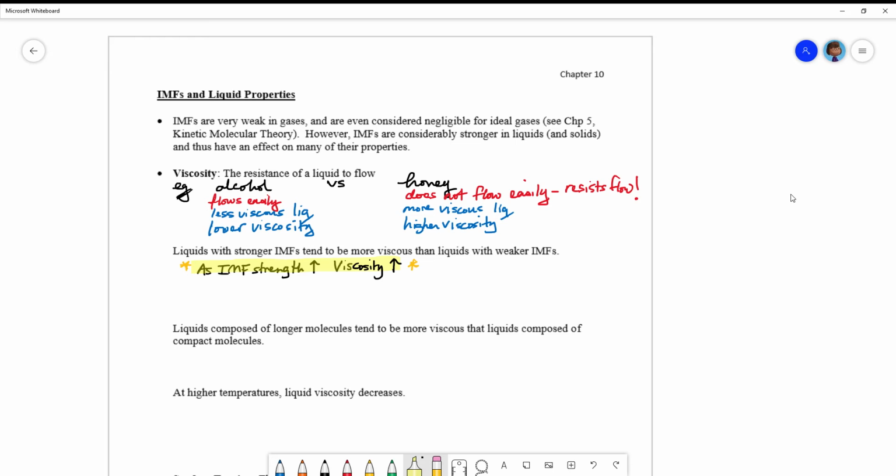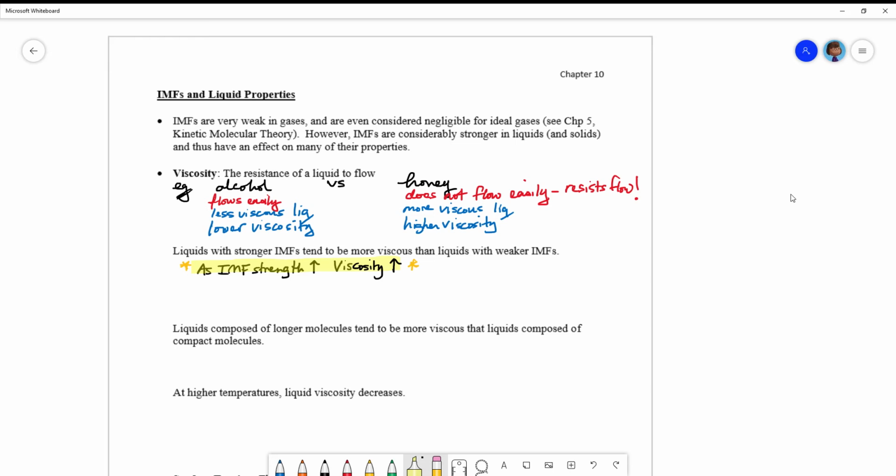So it's like they stop and group up a little bit instead of sliding past one another easily. And so if IMFs are stronger, we are preventing the molecules from sliding past each other. And this is impeding their ability to flow, which causes a higher viscosity.